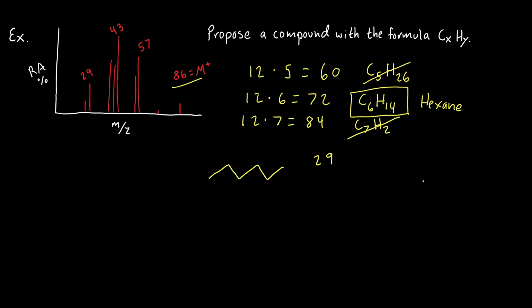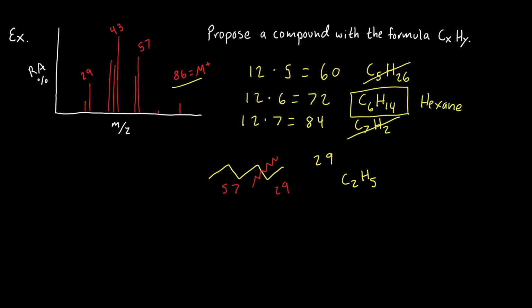So 2 carbons would be 24, and 5 hydrogens would make 29. So the chunk we lost could be C2H5. And if we lost C2H5 from our hexane, that would break off a chunk, leaving a mass of 57. And then our mass of 29 here can also be accounted for in the graph.